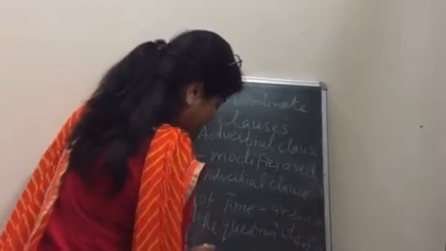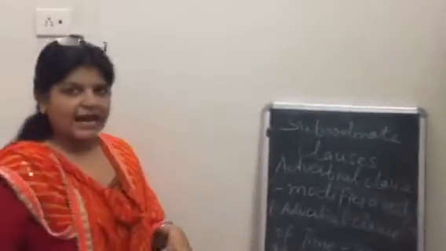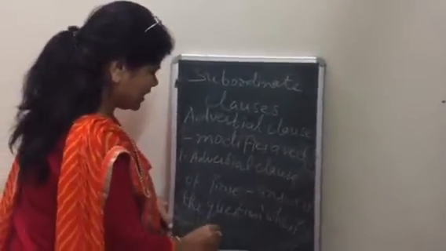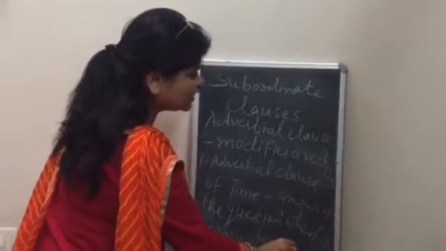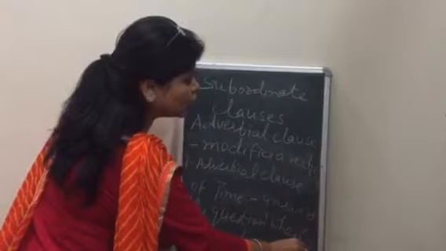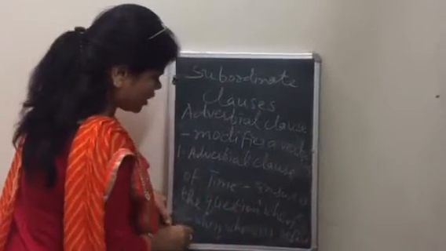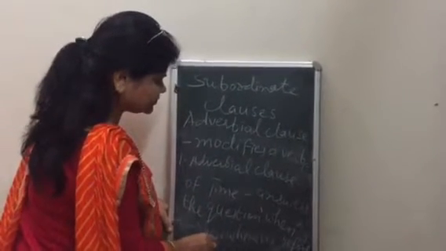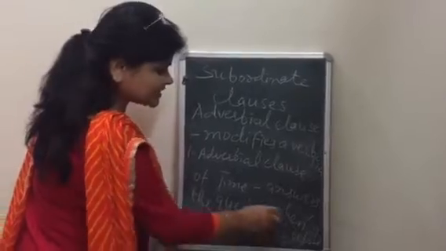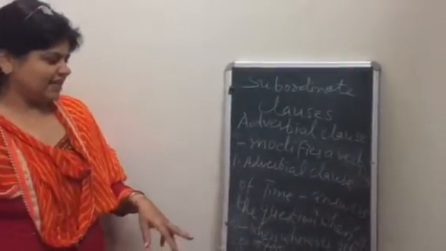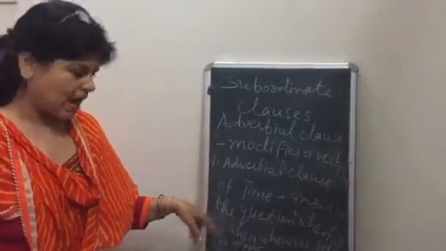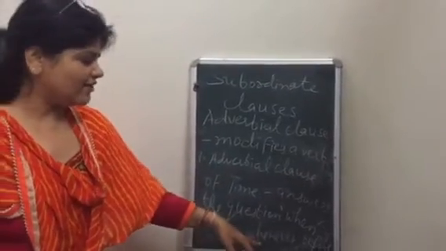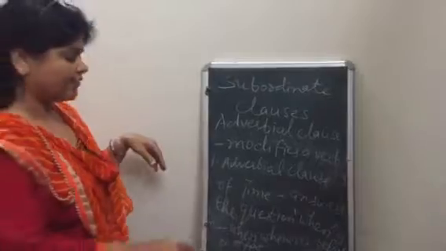And adverbial connectors used are when, whenever, before or after. Seeing these connectors, you can identify very easily. The adverbial connectors used in adverbial clause of time are when, whenever, before or after.